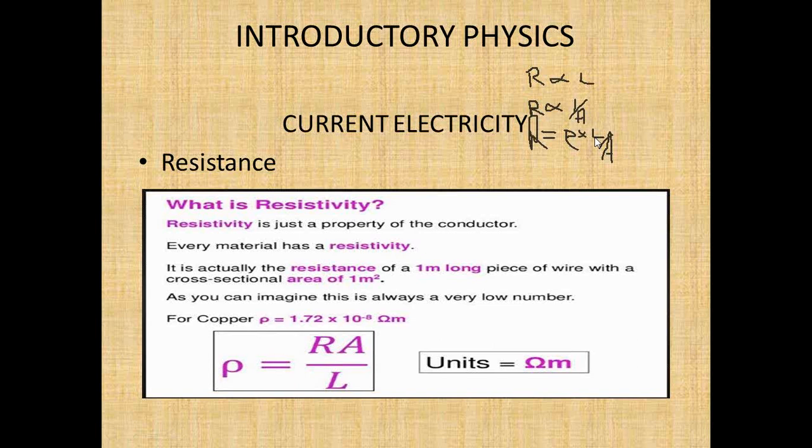The meter is going to cancel one of the meters squared, so you're going to have a meter down the bottom. So you move it over here. So resistivity is meter times resistance. Resistance is in ohms, so the unit is ohm meter.